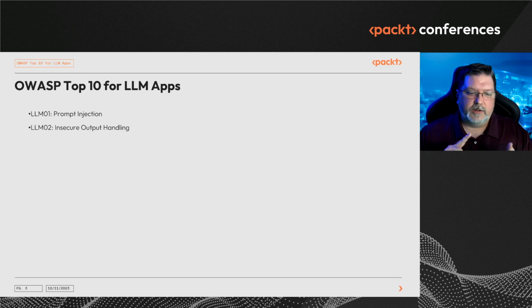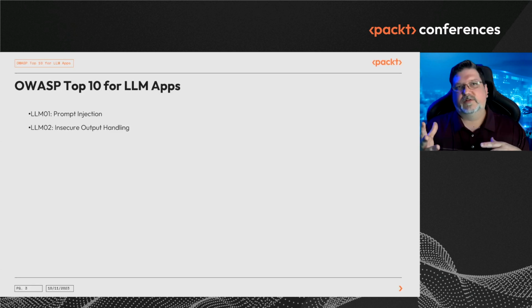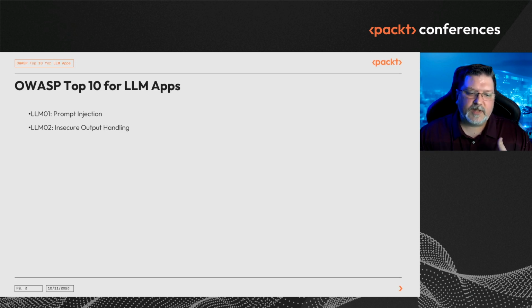The first one would be your standard input validation and input filtering, just like in regular software development or web application development. For insecure output handling, it would be validating and verifying the output, and I'll talk about that specific aspect in a minute.